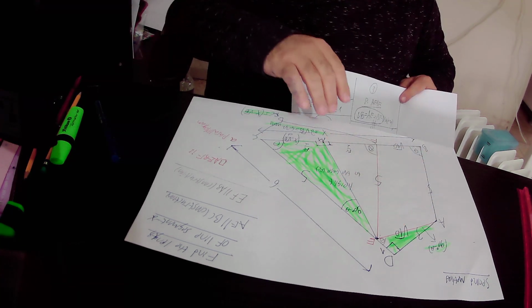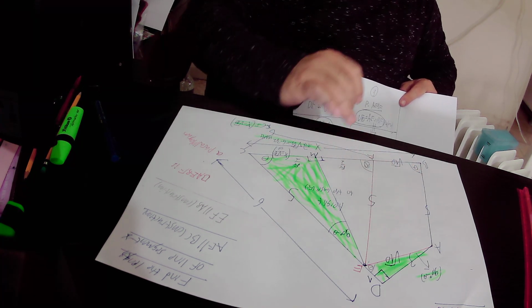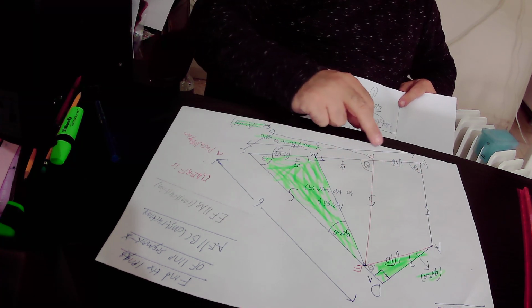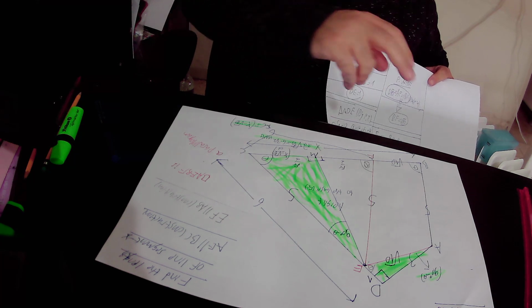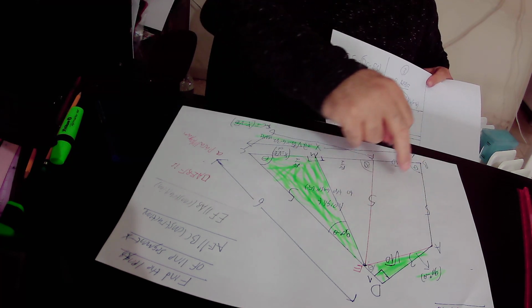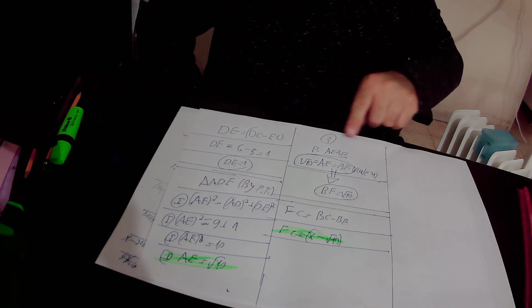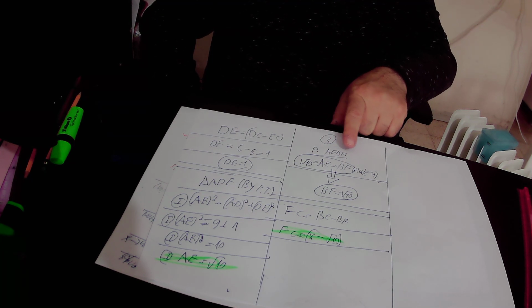Now we can use rule number 4 in order to find the length of side BF. According to rule number 4, the opposite sides of a parallelogram are equal to each other. In parallelogram AEBF, that is to say, AE equals BF.